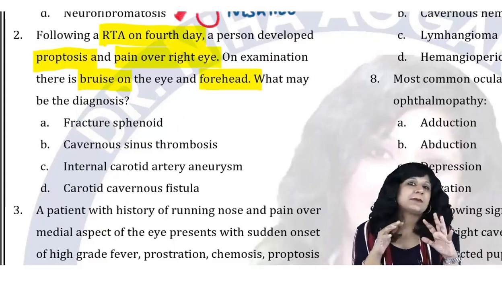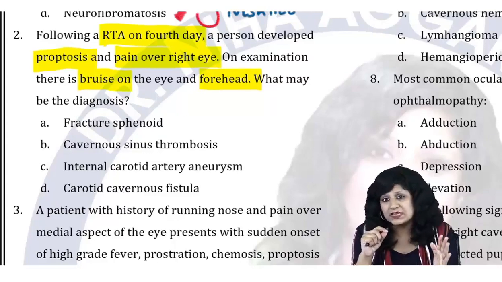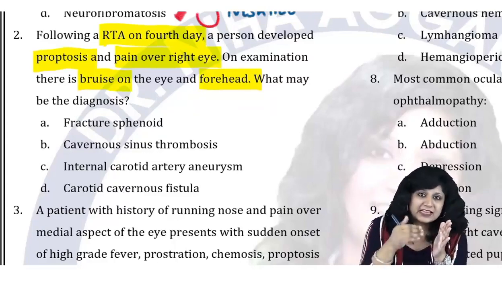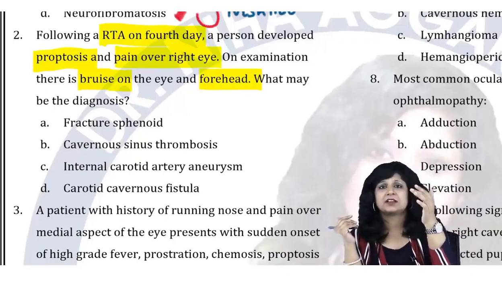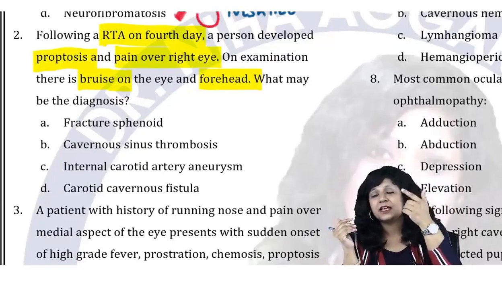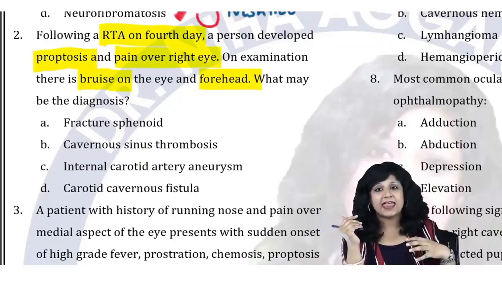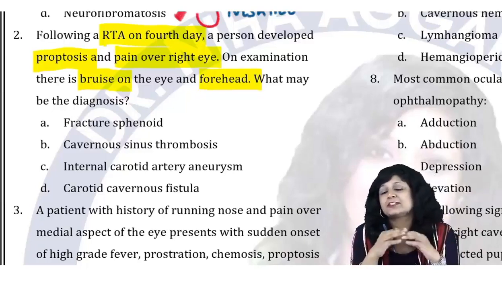Now always remember that whenever you are having proptosis in terms of trauma, like here we had a road traffic accident, then there was a bruit, there is evidence of trauma to the eye as well as forehead, and then the patient is developing proptosis as well as pain.